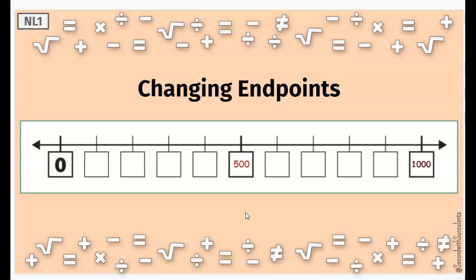Take a moment to fill in your number line while I fill in mine, and then we'll look and see if they're the same. Let's have a look. Does your number line look like mine?